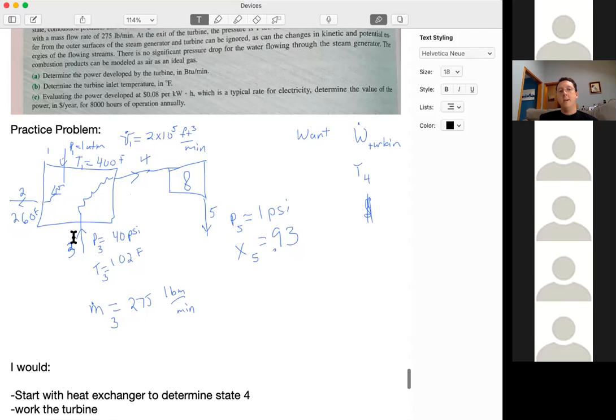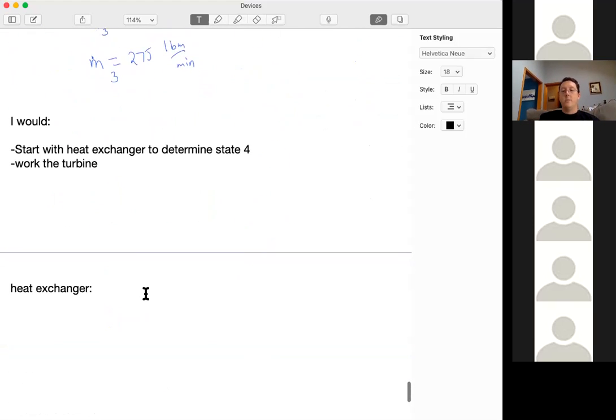The water here doesn't ever mix with the smoke. So that means m dot at state 3 is going to be the same as m dot at state 4. Similarly, m dot at state 1 is m dot at state 2 because they don't mix. So the masses aren't going to change. So let's write down the assumptions I can make for this.